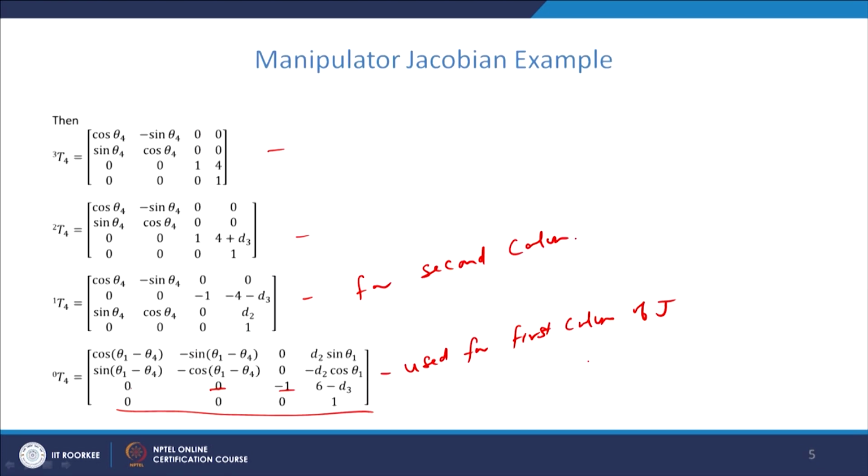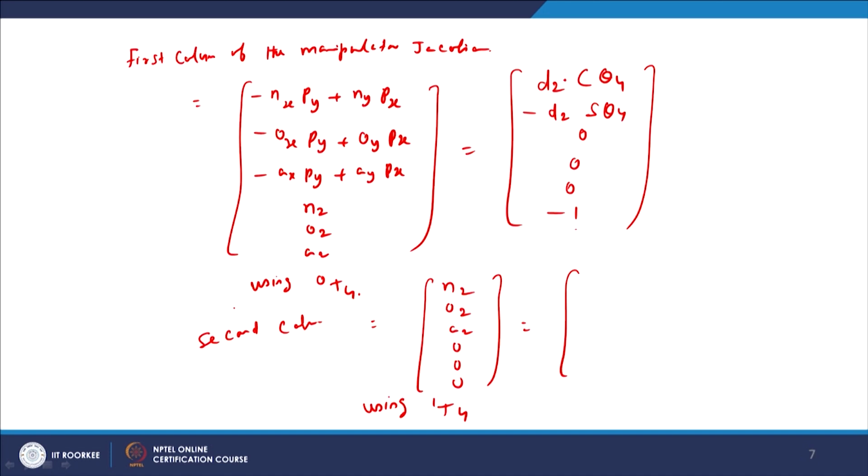So, in 1T4 if we see here, nz is sin theta 4 and oz is cos theta 4 and then 0. So, we can substitute those values here. So, we get sin theta 4, cos theta 4, 0, 0. So, this is the second column. So, similarly we can calculate the third, fourth column etc.